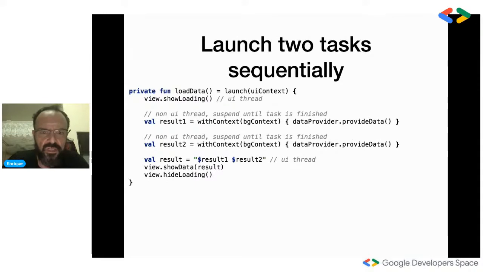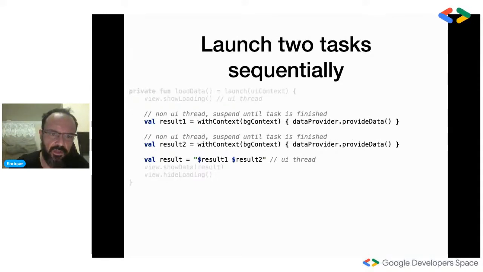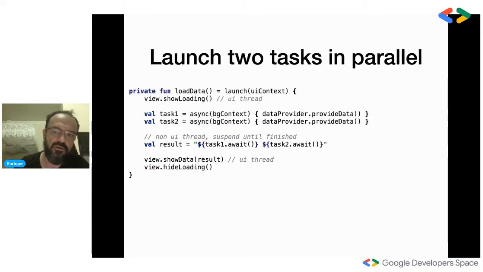We can do a lot of things. We can launch two tasks sequentially. For instance, in this piece of code, let's take a look at the relevant part. We could start a result 1 and then a result 2, both with context, and that essentially makes the first one start, and afterwards the second request starts. We can launch it in parallel.